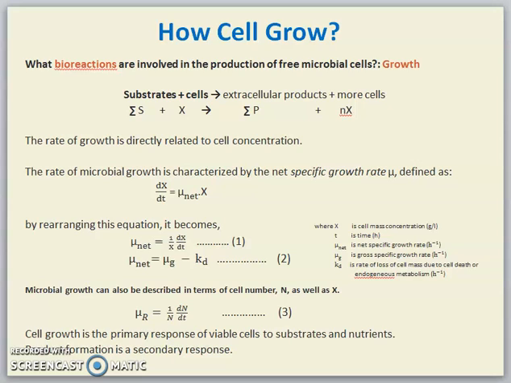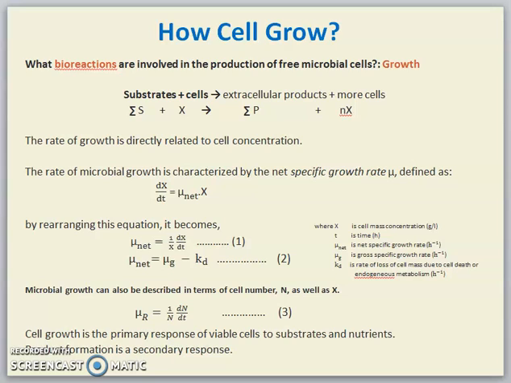The rate of growth is directly related to the cell concentration. This cell concentration can be measured in the form of cell number or in concentration, milligram per liter.